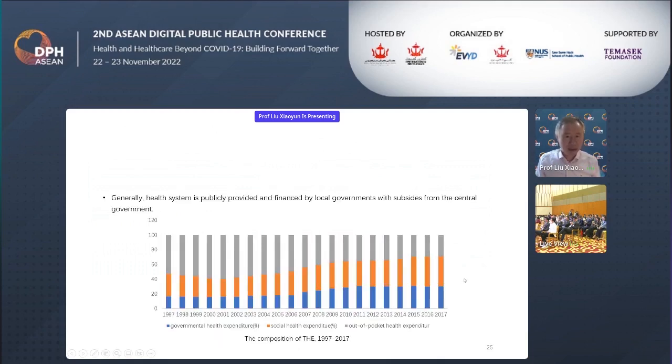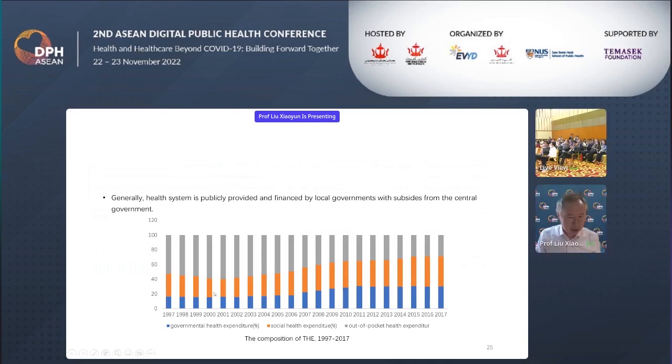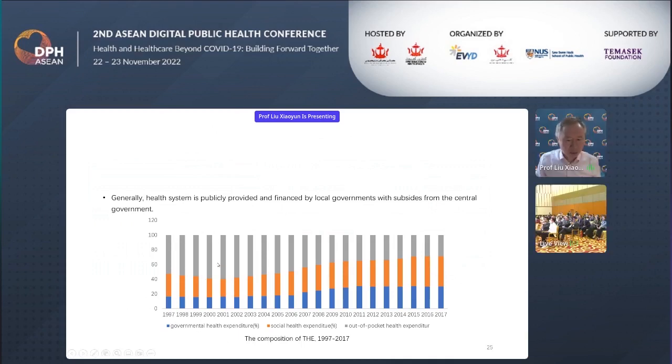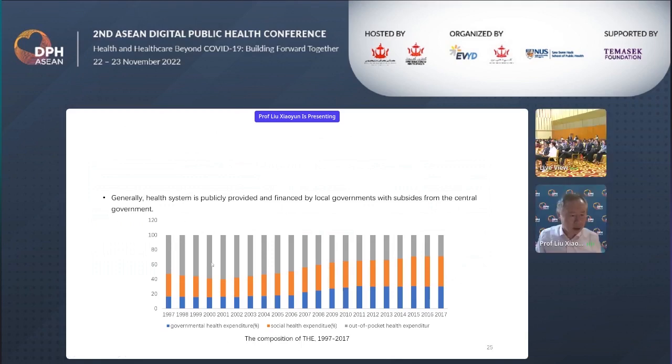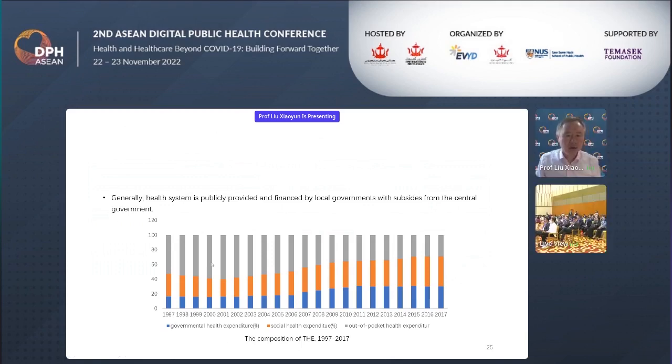If we look at the structure of the total health expenditure in the years 2000 and 2001, before the health system reform, the gray part of the figure is the out-of-pocket payment. At that time, the out-of-pocket payment was about 60% of total health expenditure. This is a very high level of financial burden.